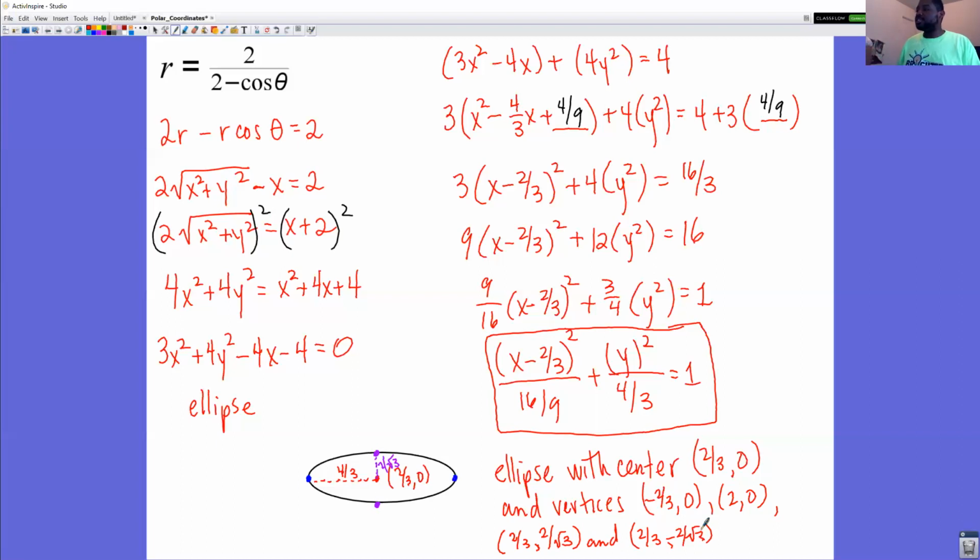So those are your vertices. Notice a lot of work, but it brings back the conic piece as well. So you might want to go back and review conics and their attributes.